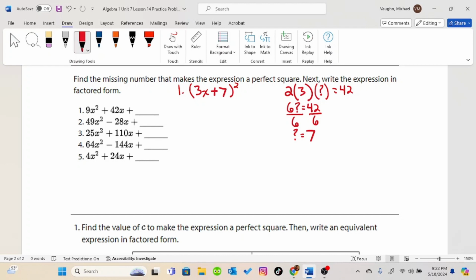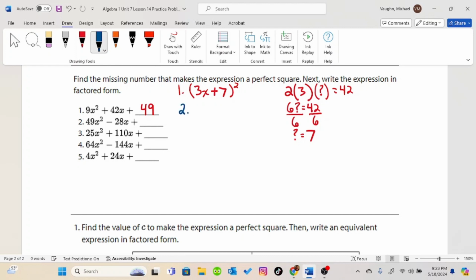So my missing number would be 49 because 7 times 7 is 49. And this makes my factored form 3x plus 7 squared.